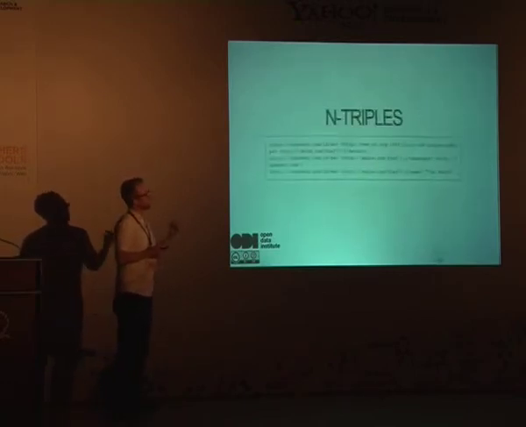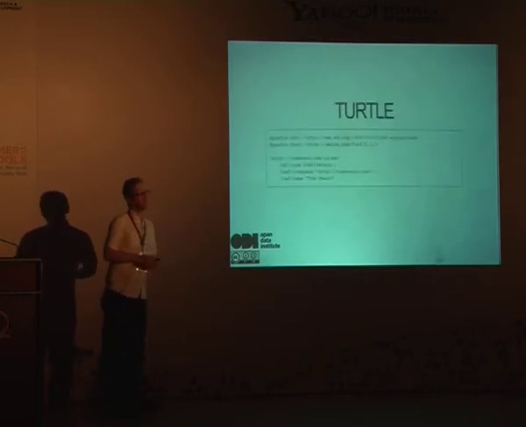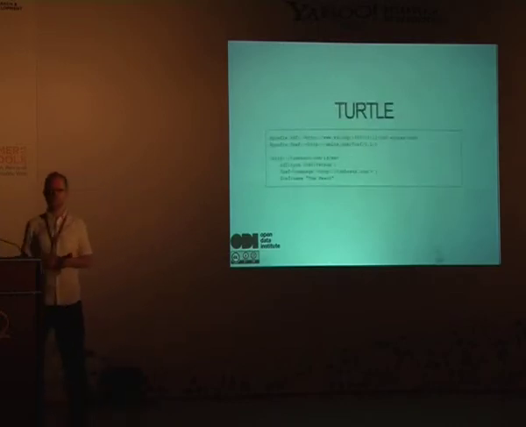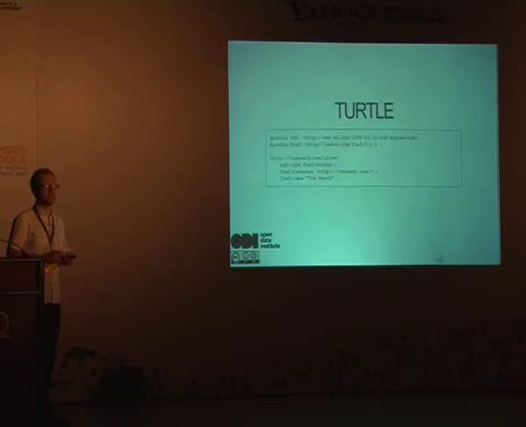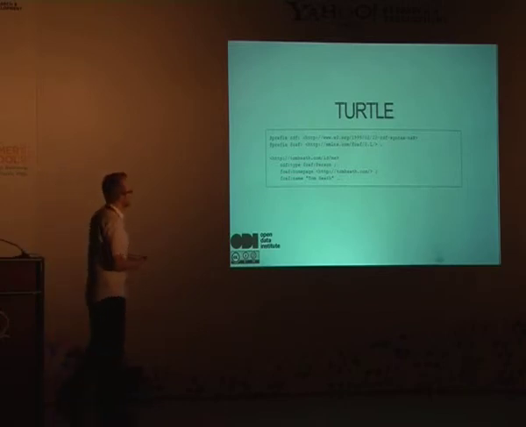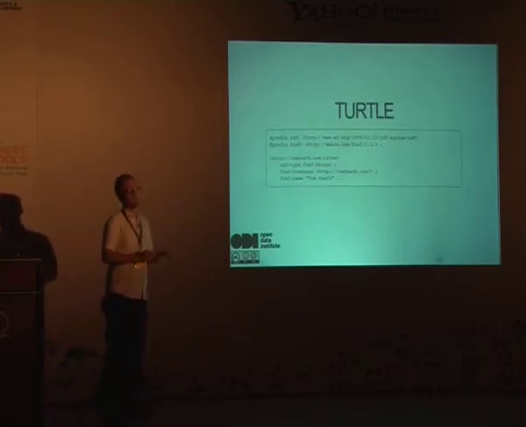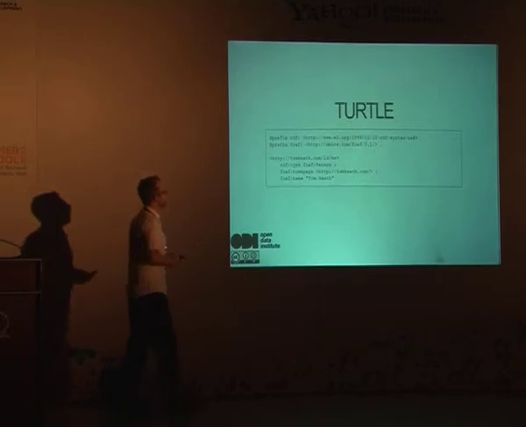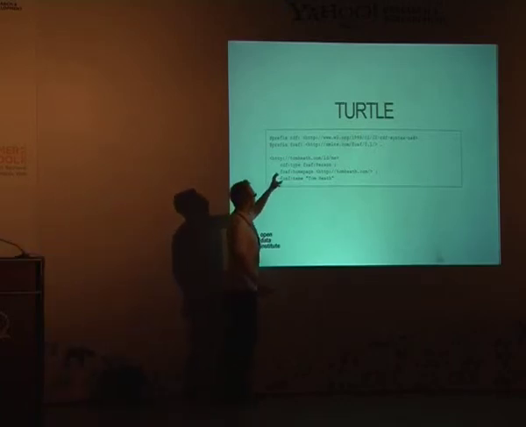So N-triples is a subset of Turtle, which is a serialization format that has recently been standardized by the W3C. Its main selling point is that it's human readable and easily human writable. So you can see here there's the same three triples.